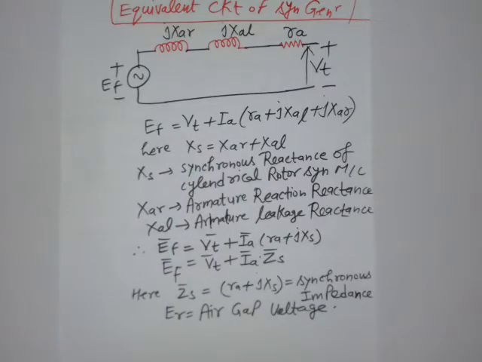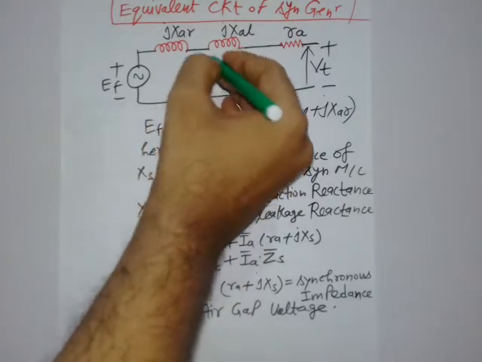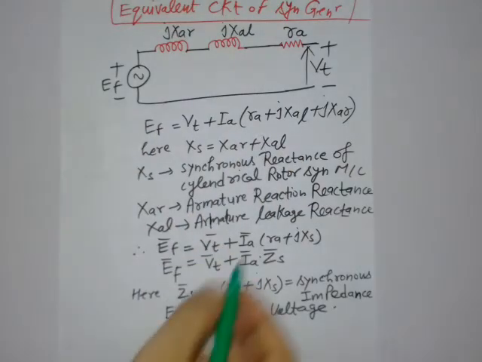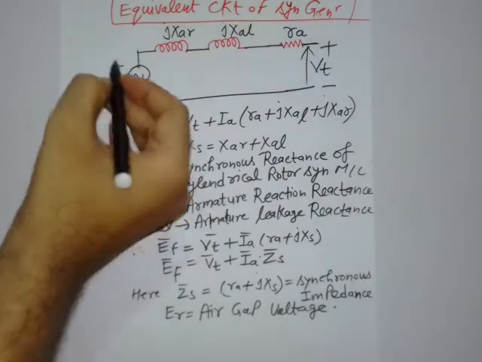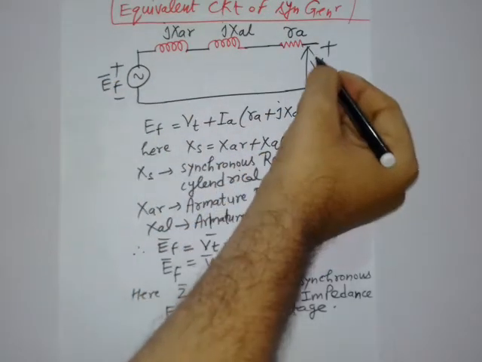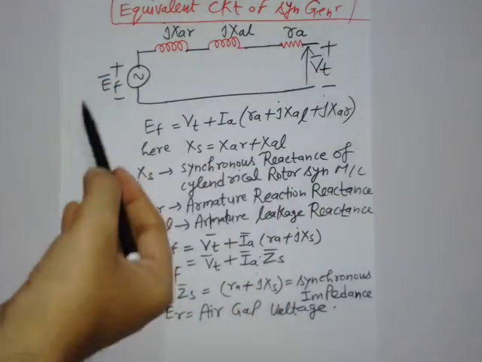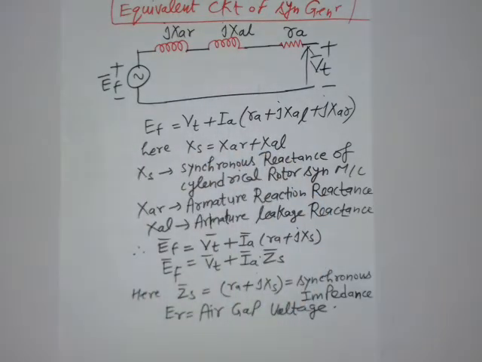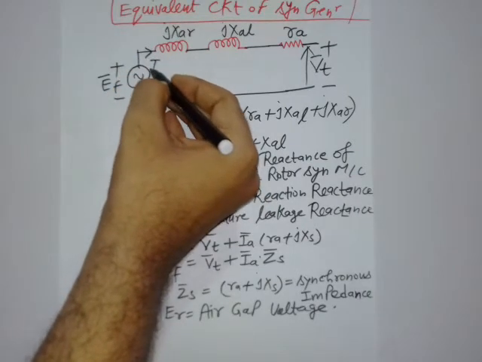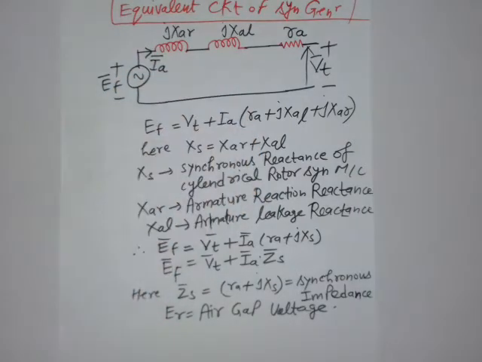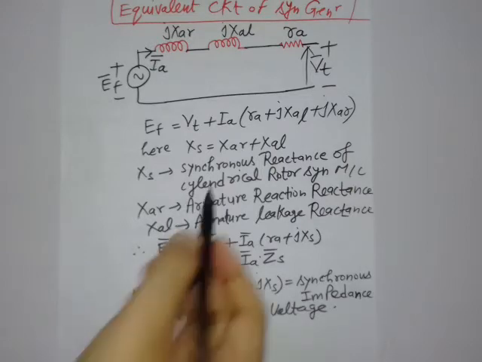Let me tell you, my dear students, these are all phasor quantities. EF is a phasor, VT is a phasor. EF and VT both are time phasors, and the armature current also, but flux and MMF are space phasors.